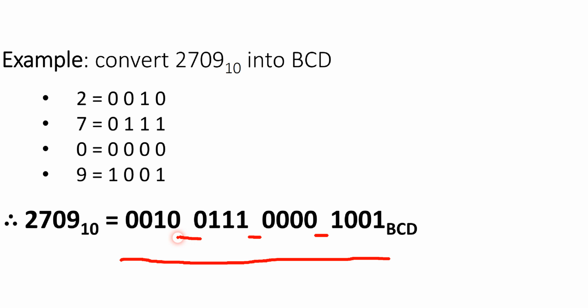That would be a problem. So we want some sort of separator here, and secondly, we also want to write BCD in the subscript. Both of these help to identify that this is really a binary coded decimal number. So we have to make sure we do both, write BCD and also have some sort of separator. Sometimes a dot also perfectly works between the separate digits.